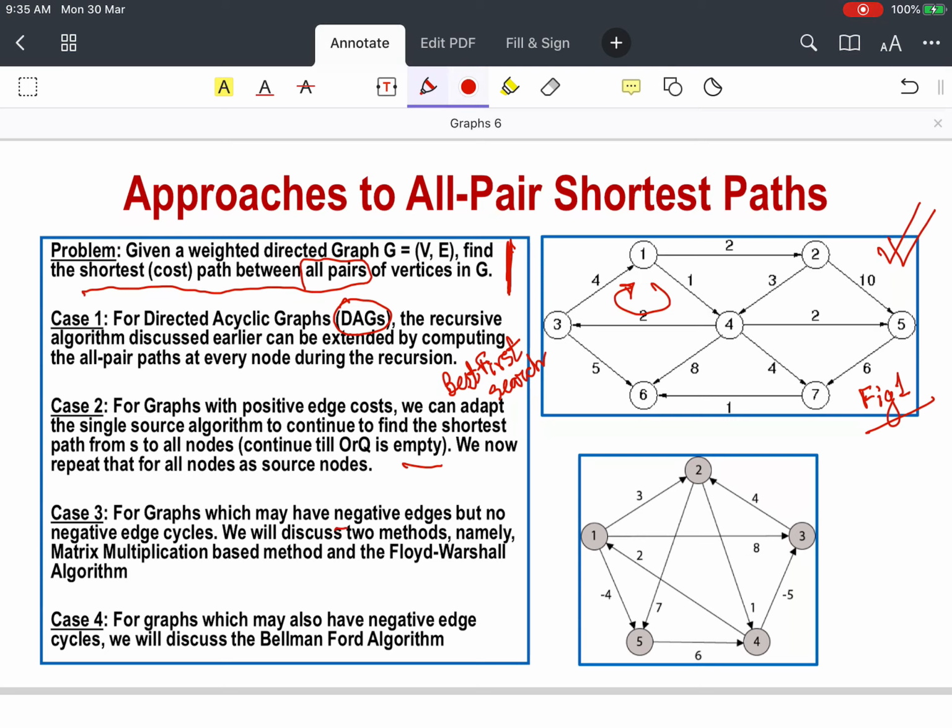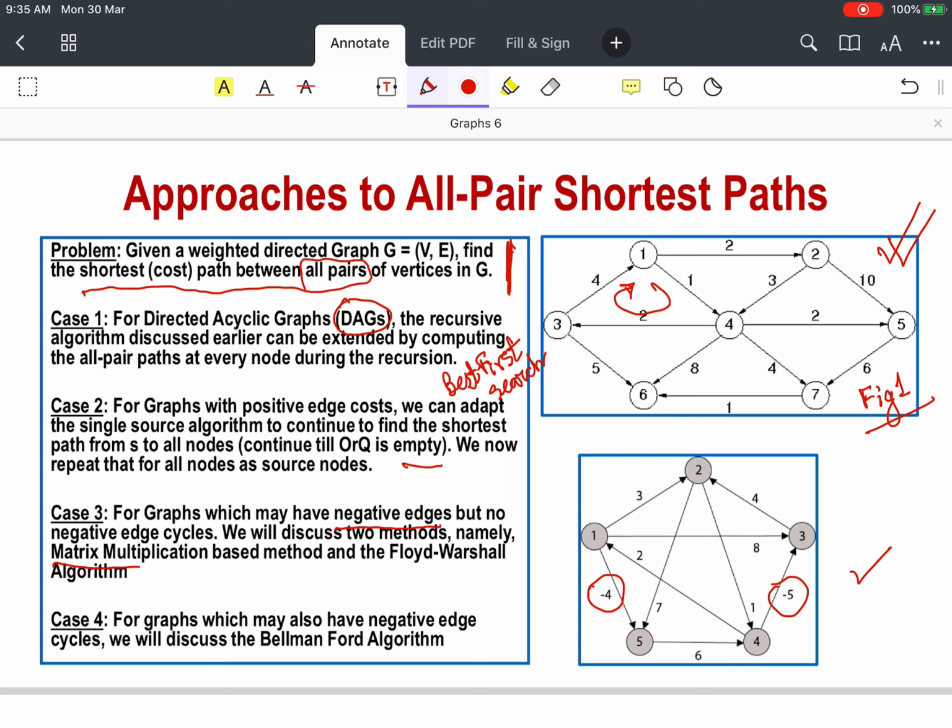The third case, where we may have negative edges in the graph, like in this graph, here is a negative edge, here is a negative edge. So we may have negative cost edges in the graph, but there are no negative cycles. We have discussed the previous day that if there are negative cycles in the graph, then obviously no solution exists, because that negative cycle will go on reducing the cost.